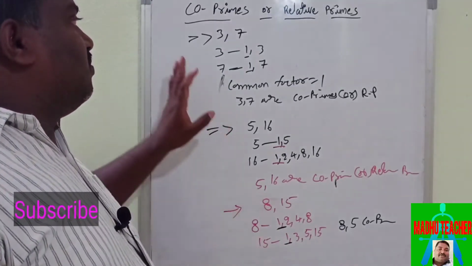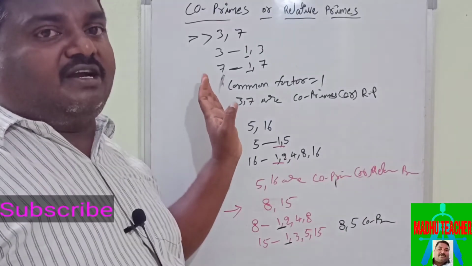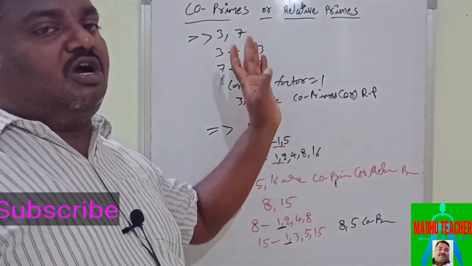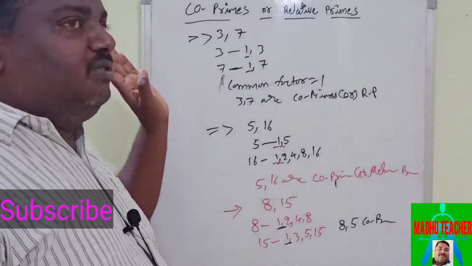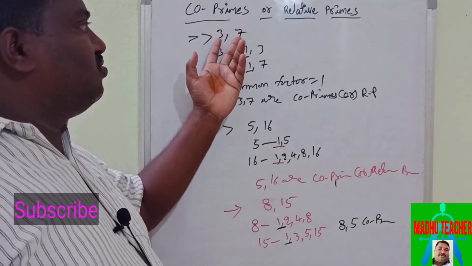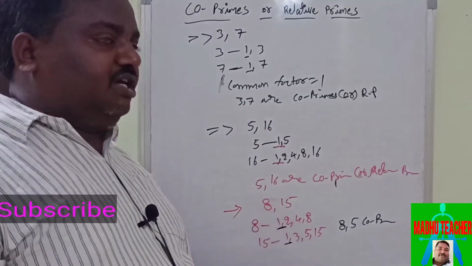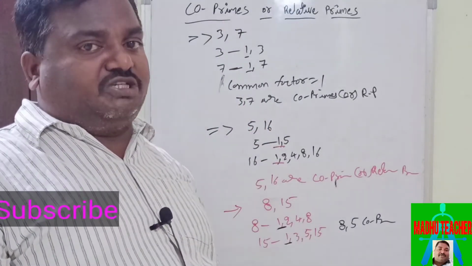Co-primes means two numbers which have 1 as the only common factor.